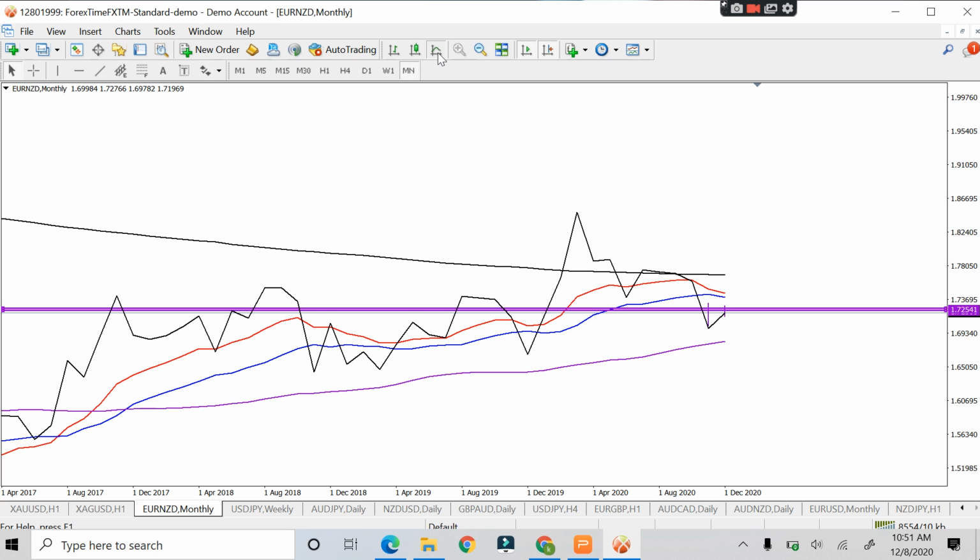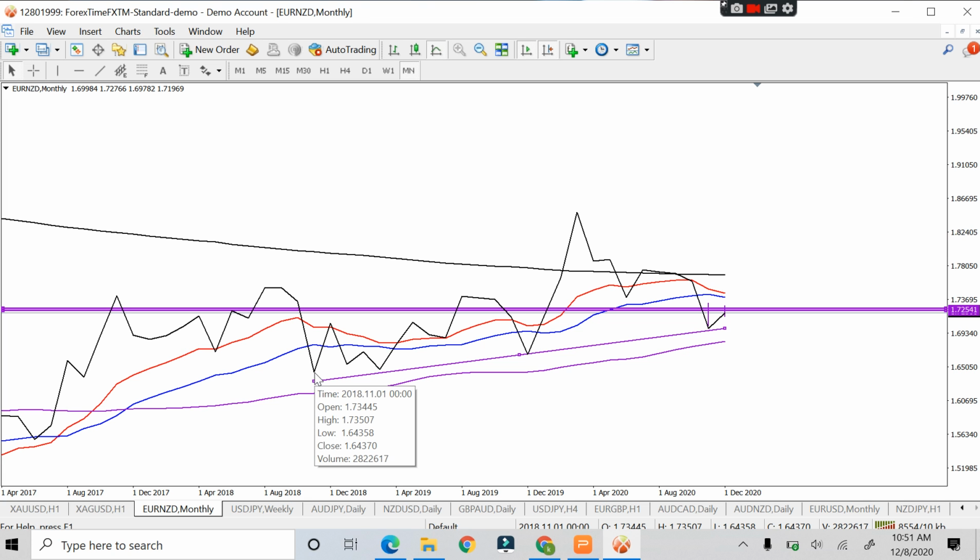But if you look at the line chart, you can see some higher highs being formed. Let me just put a line there. Okay, let me bring it down. Take this point. Okay, so you can see some higher highs being formed, and that should tell us that we are looking for buy opportunities.